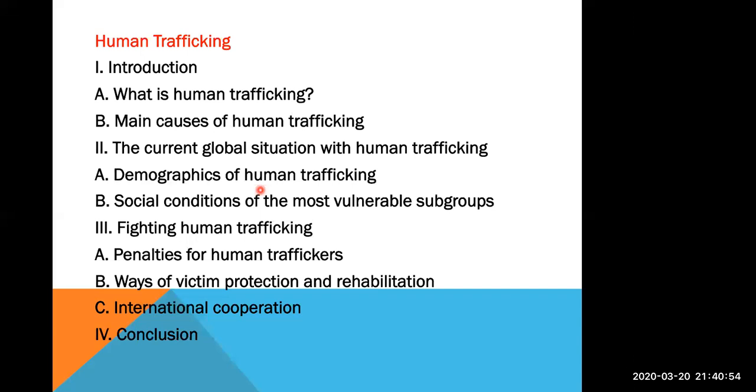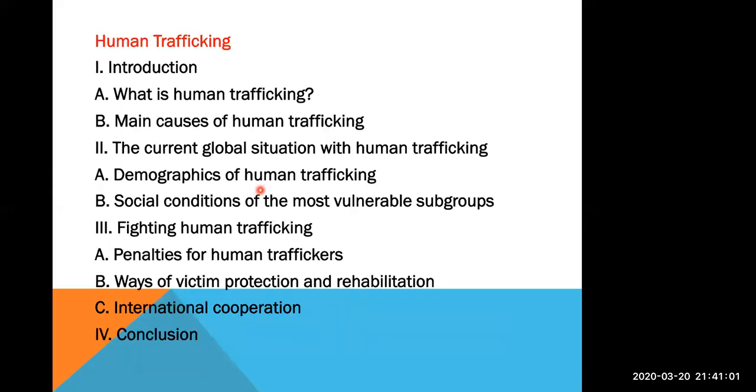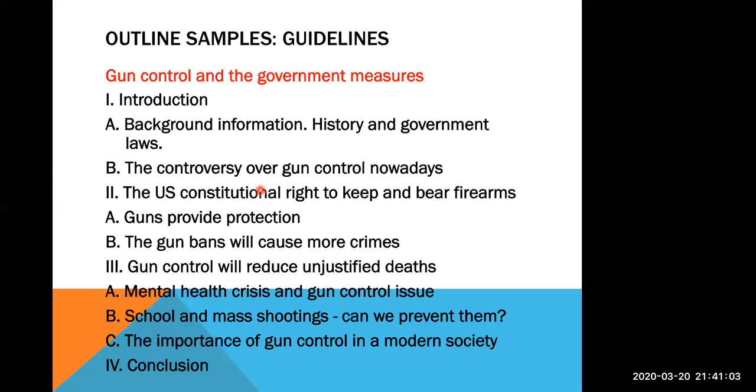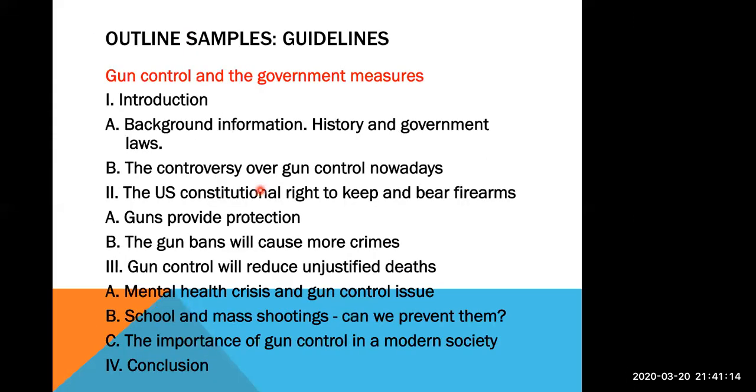So if you just put this under a microscope, both the first one and the second one, you'll find out that these are really very, very simple kinds of outlines. The outline follows either, let's say, short phrases, noun phrases, or complete sentences, depending on the topic in question.